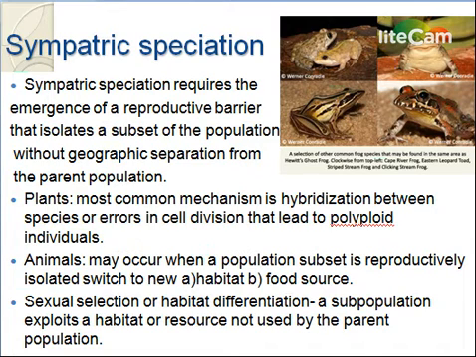And then there's also sexual selection or habitat differentiation, which occurs when a subpopulation exploits a habitat or a resource not used by the parent population. So each of these are different ways we're going to end up with sympatric speciation.